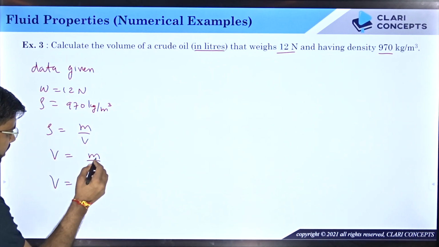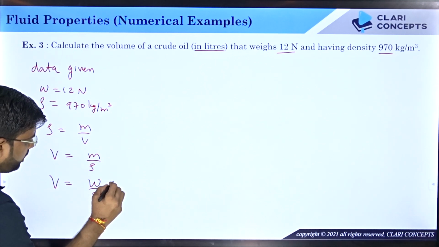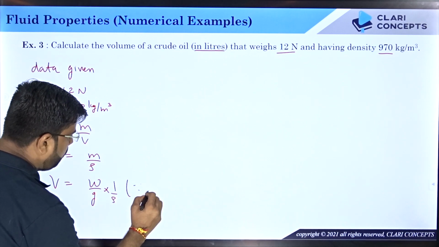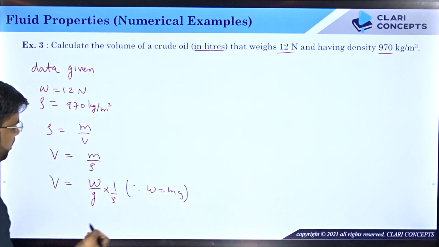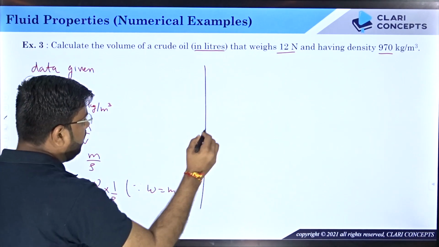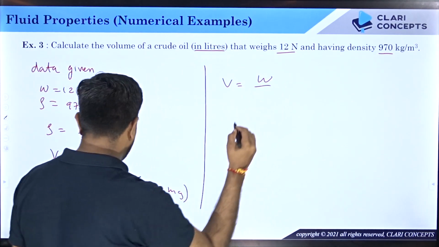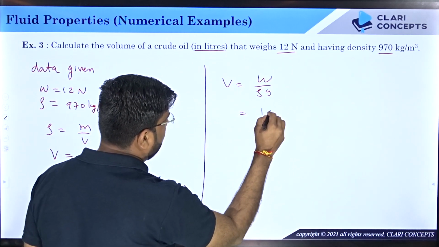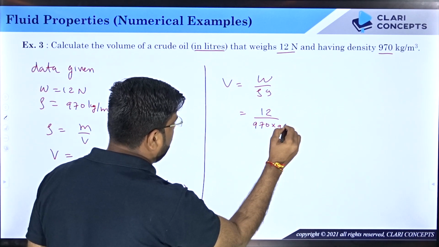We know weight equals mass into G, so mass will be weight divided by G, simple. So volume is equal to weight divided by rho into G. Weight is given to you, 12, rho is given to you, 970, G is known to you, 9.81.